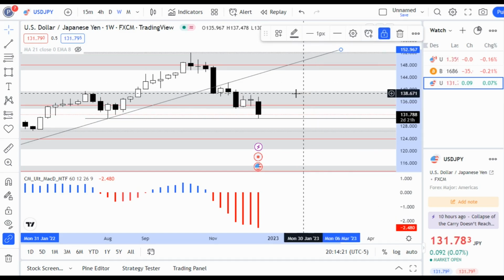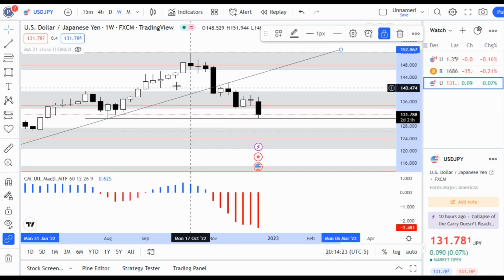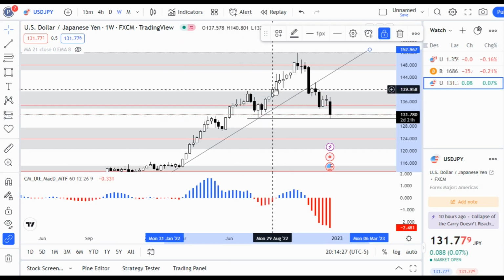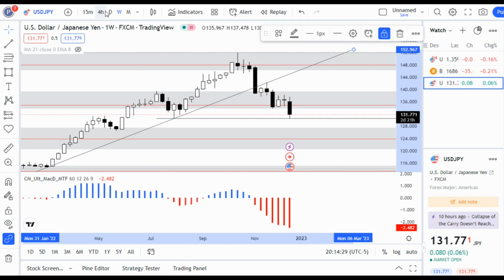Okay, so nicely drawn this way. Yes, make sure that you get it intact.